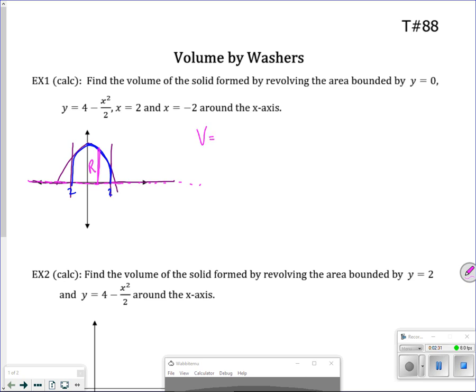So from yesterday, the volume is going to be pi, my bounds are from negative 2 to 2. Now what is my R? My R is this curve right here. So you've probably become a little faster at it.